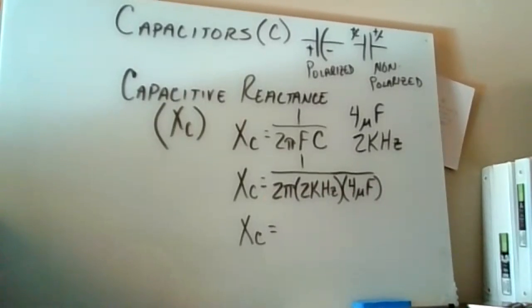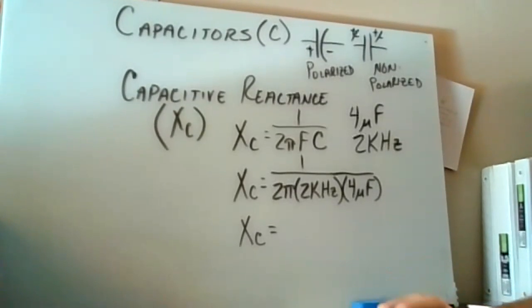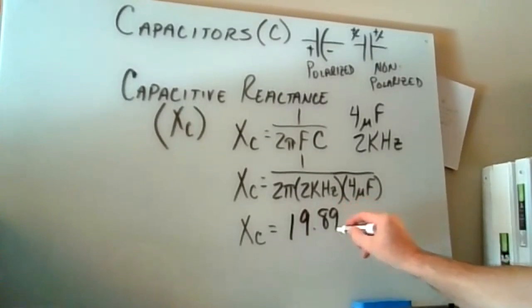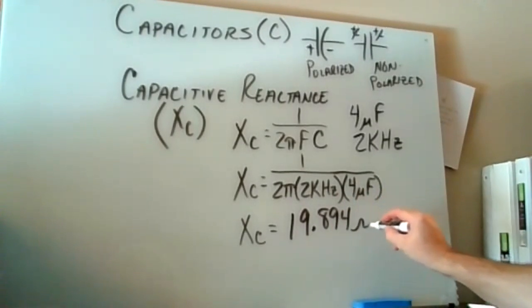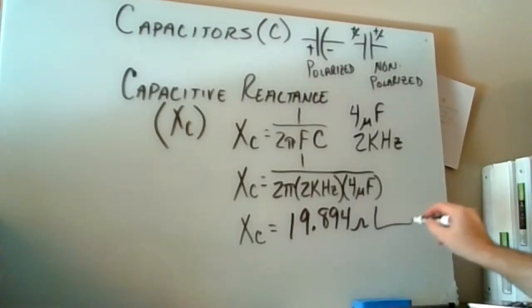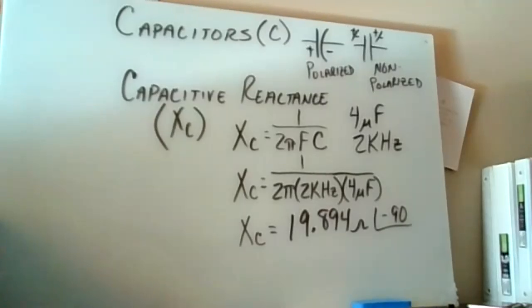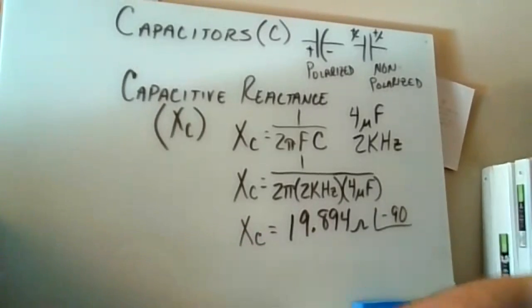I got 19.894 ohms at an angle of negative 90 degrees. That is my answer. If you leave off the negative 90, you're wrong, and you're going to see why you need to have that on there.